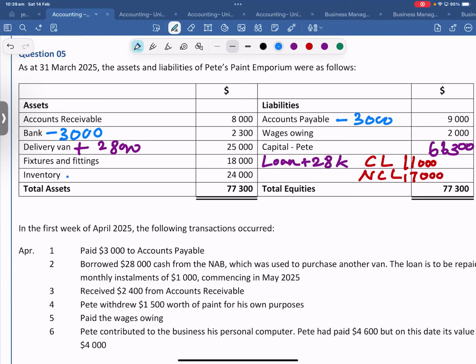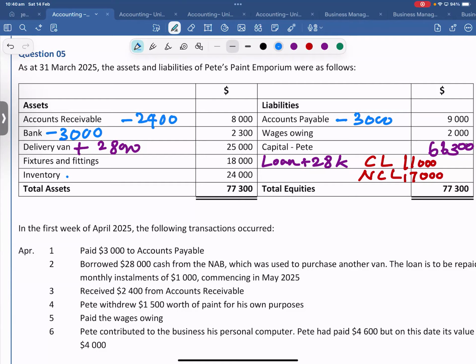Yes, meaning your friend owed you 8,000 and he pays you some amount from that. So then how much you are going to receive from him in the future will decrease, which we call accounts receivable. So we have minus 2,400.